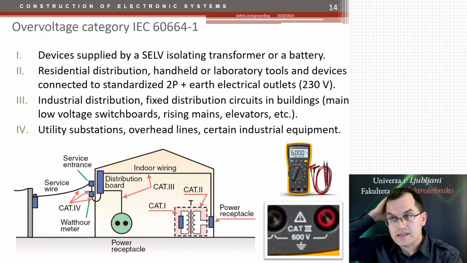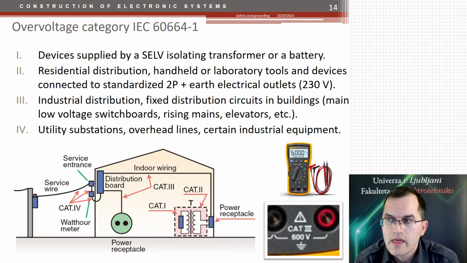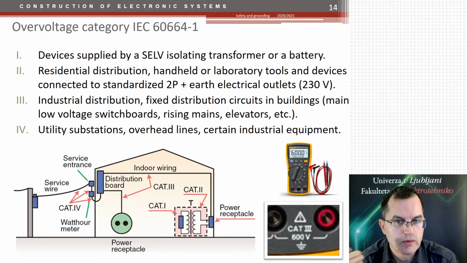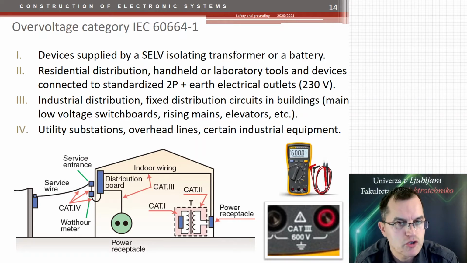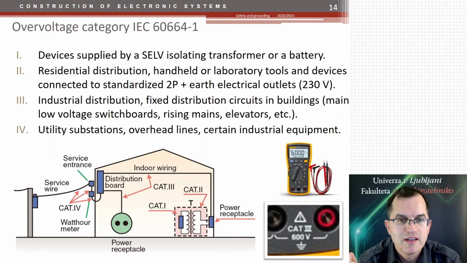The thing is that if you want to safely use these devices, they have not just to withstand the normal voltage of mains power, but they also have to withstand the surge pulses, high voltage pulses that can happen on these distribution lines. And these high voltage pulses have different voltages with respect to the position.